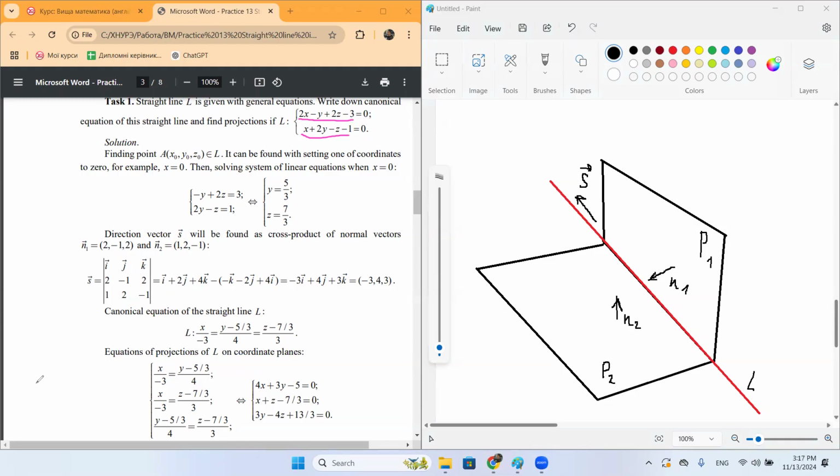Okay, if no questions, moving on. So erasing everything here.